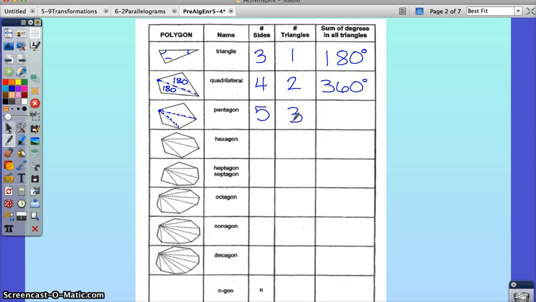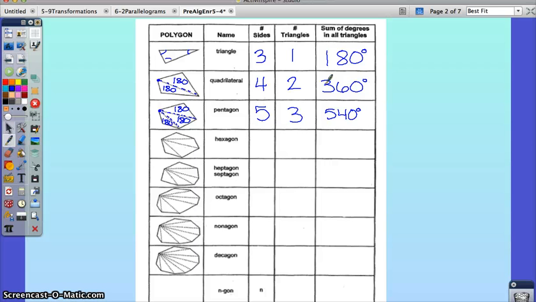And since there's 180 degrees in each triangle, how many degrees will be in a whole pentagon? 540. And these sums of the degrees are going to be true for all pentagons and for all quadrilaterals. You can always use it whether it's regular or not. The sum of the polygon angles will always be that number.